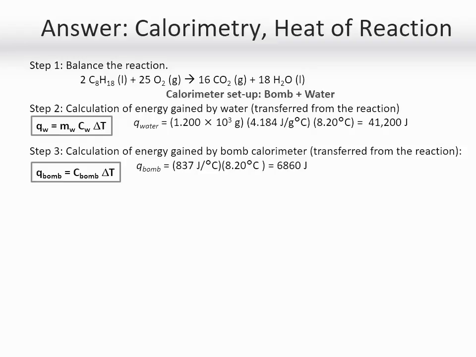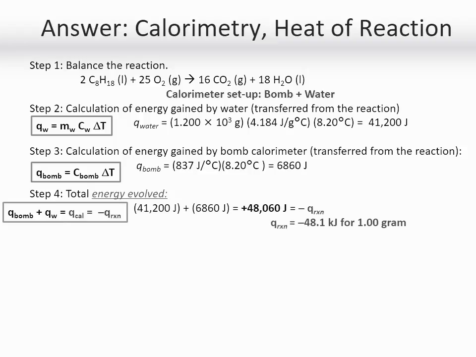Now, we know this other relationship: the total energy for the calorimeter system is going to be equal to the heat that was absorbed by the water plus the heat that was absorbed by the bomb. And that in turn is going to be equal to minus the heat of the reaction. So when we add up the water plus the bomb together, we end up having around 48 kilojoules, and that's equal to minus the heat of the reaction.